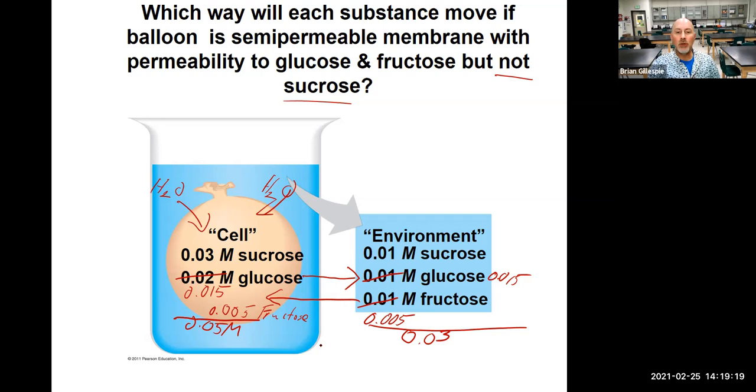And when we hit an equilibrium state for water, then we're going to end up diluting what's inside the cell and concentrating what's outside the cell until the total concentration of sugars is at the equilibrium point halfway between these two, which is going to be a 0.04 molar solution. But we're going to add water to that cell.